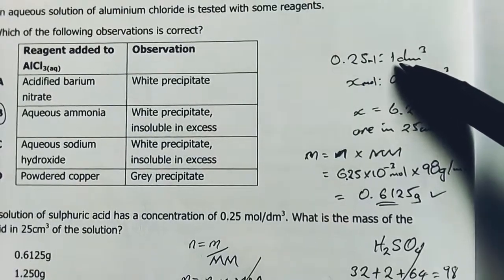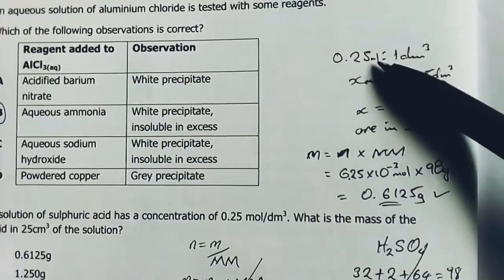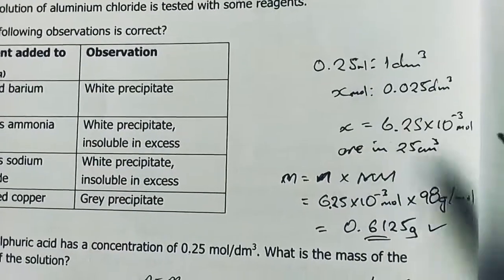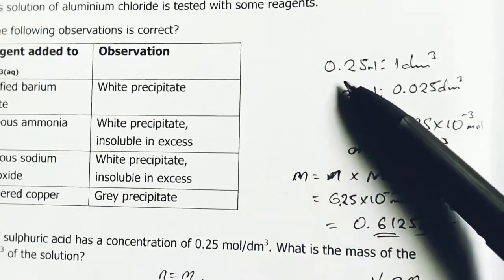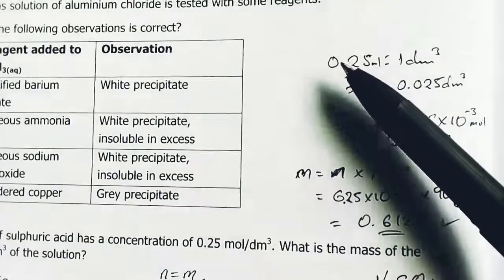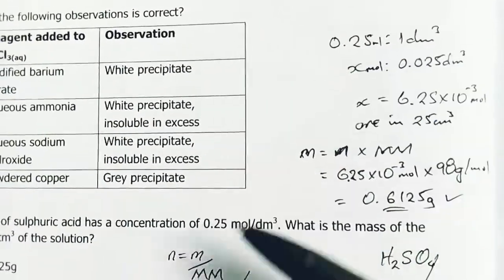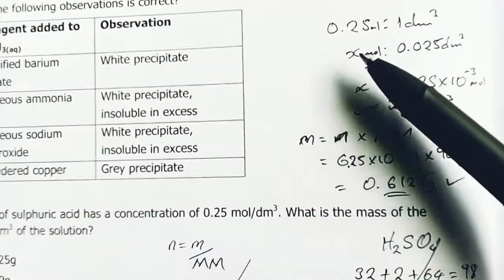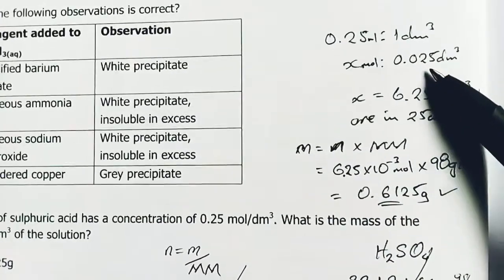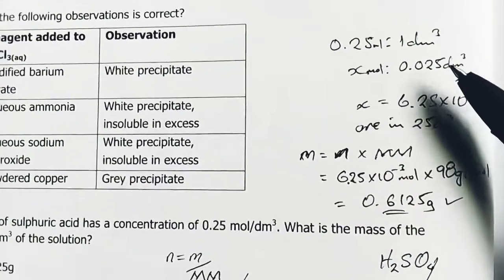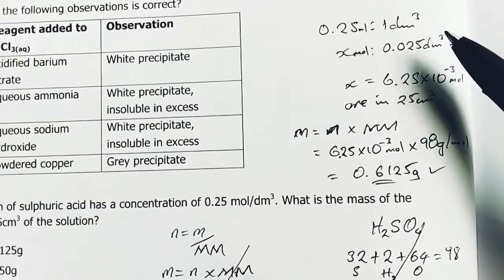In 1 decimeter cubed, which is 1 liter, we have 0.25 moles. So X moles of acid should be present in 25 cubic centimeters. So I converted the cubic centimeters because volume is always measured in decimeters.